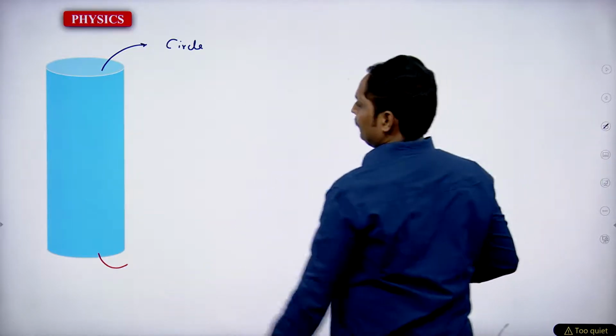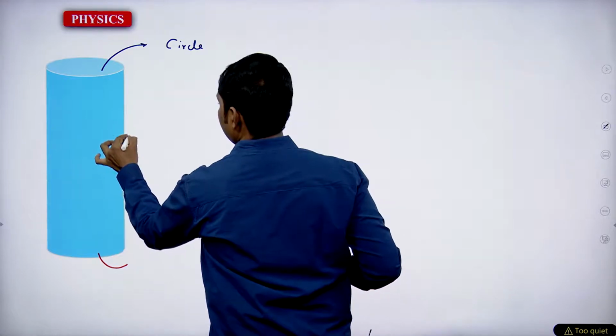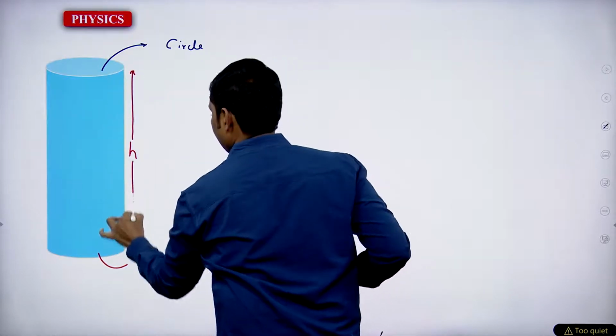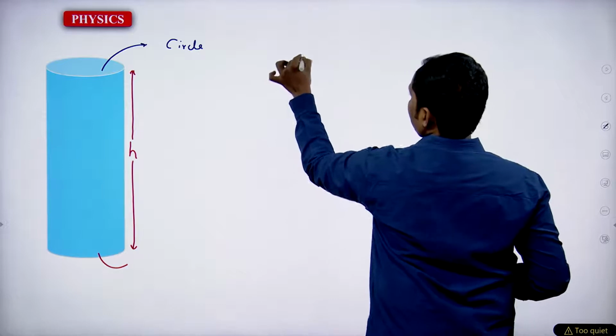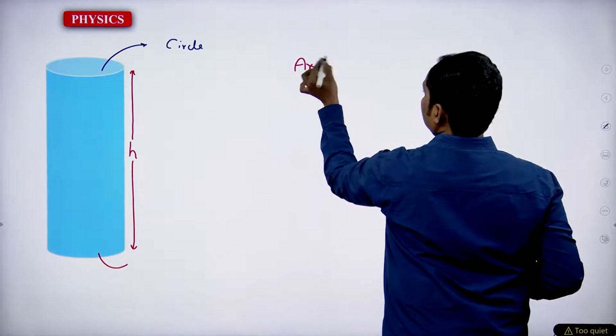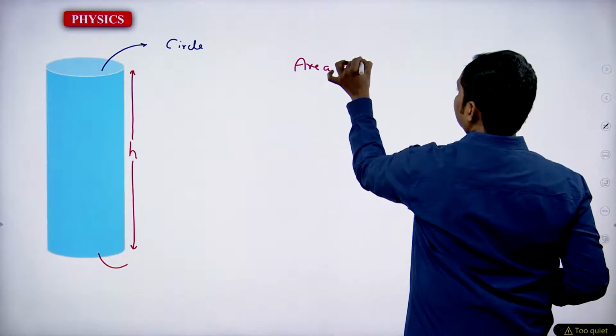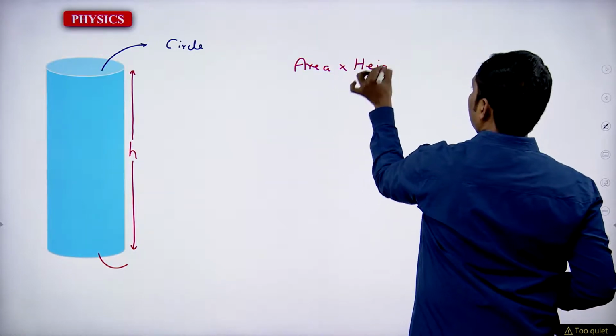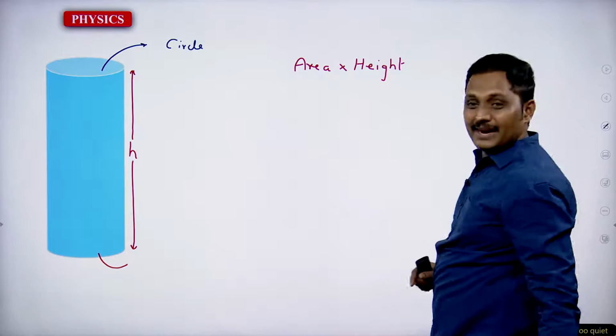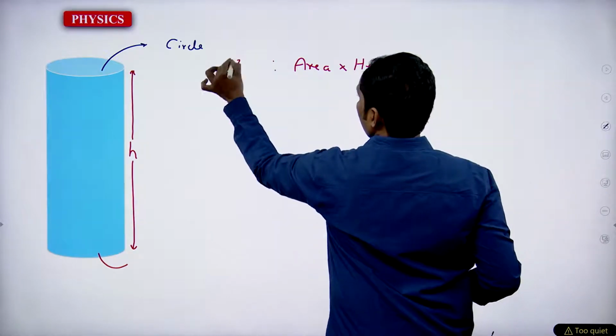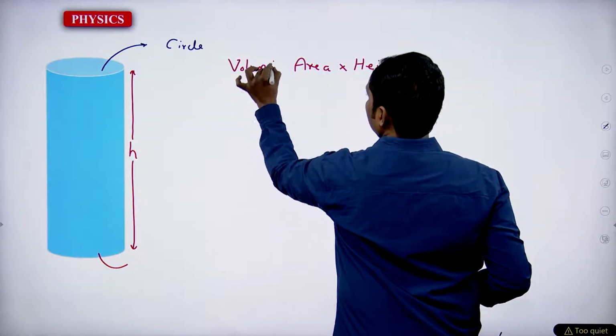Yeah, this is going to be h, height. You are going to get that area multiplied by height. Area is going to be multiplied by height. That gives the volume, very simple, that gives the volume.